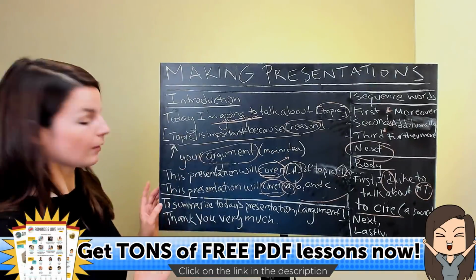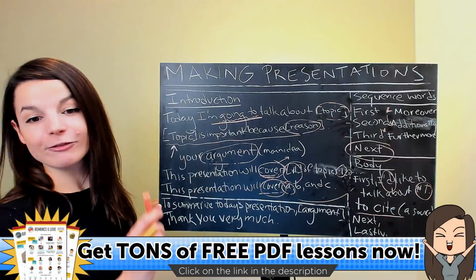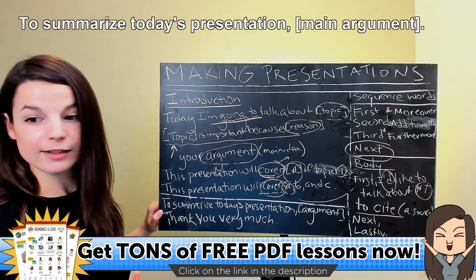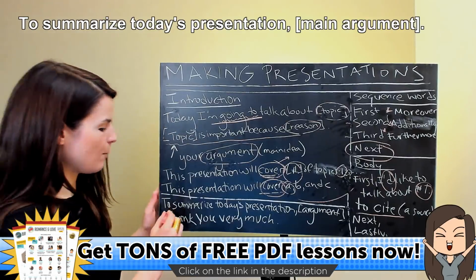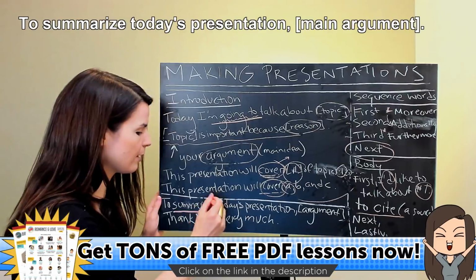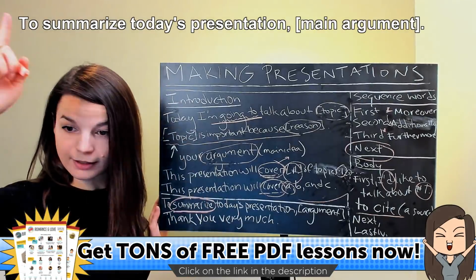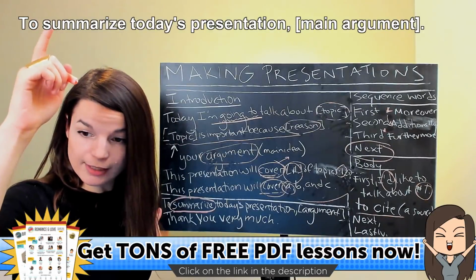First one. We'll see the first one up here in just a second. To summarize. So to summarize today's presentation, your main argument. Here is a key word, another key word. To summarize. It's difficult to see on the board, sorry. To summarize today's presentation.